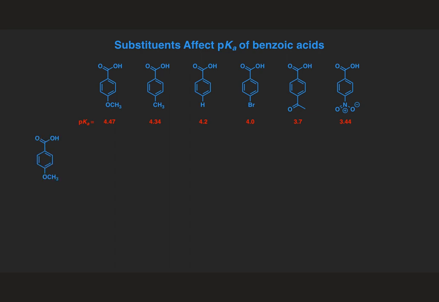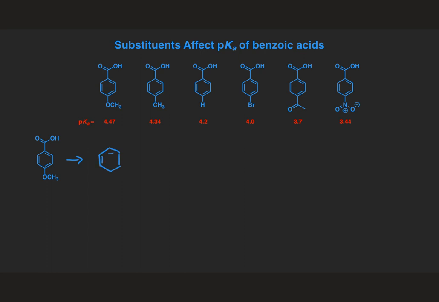If we want to understand more about why the electron rich benzoic acids are less acidic than the electron poor benzoic acids, we've got to consider the conjugate base. And so let's draw the conjugate base of para-methoxybenzoic acid.